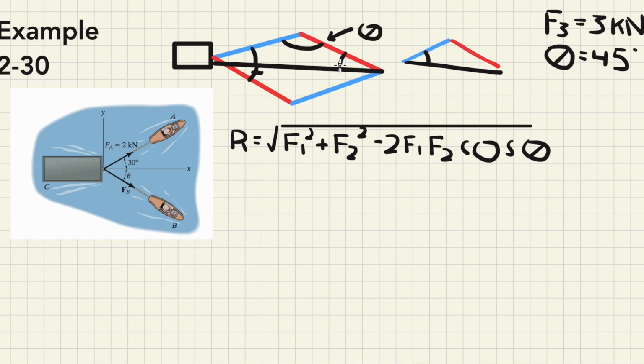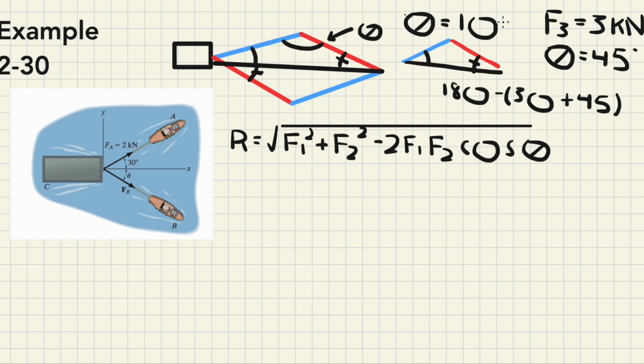This one is also going to be 45. So if we have 180 minus 30 plus 45, that's going to give us this angle theta is going to be 105 degrees.